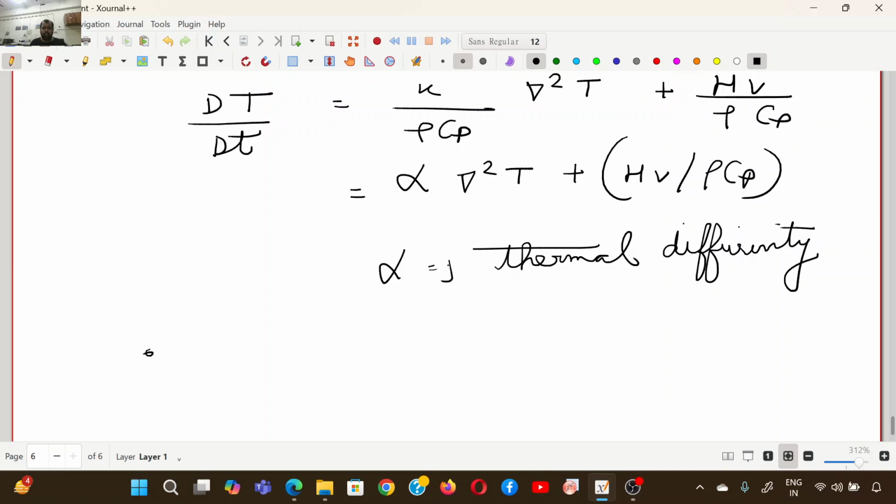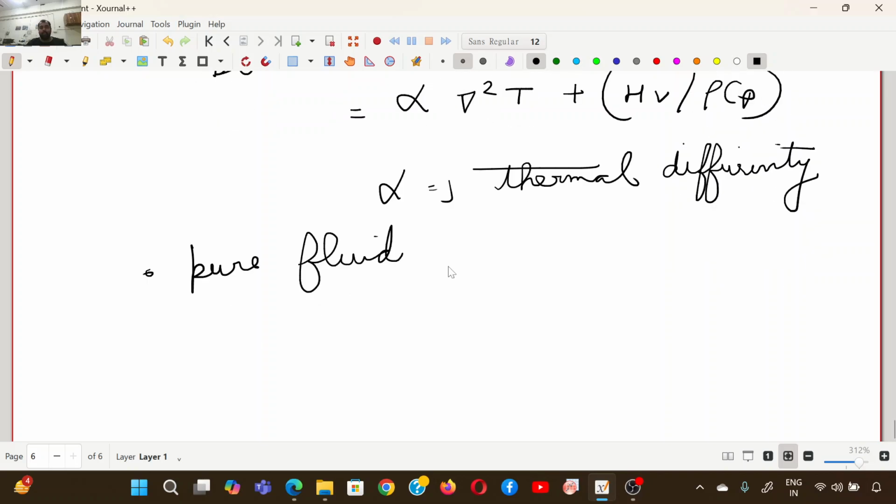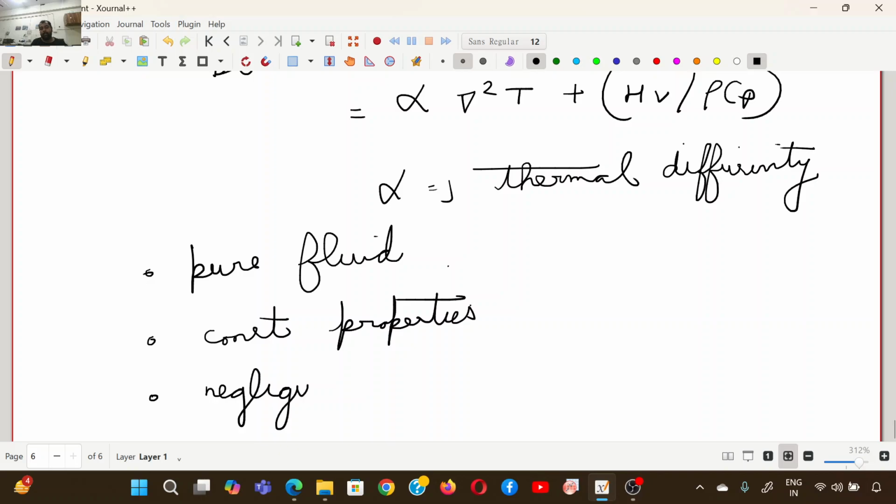So the underlying assumptions in this equation are that it's a pure fluid. It has uniform properties, constant properties like density, Cp, etc. And there is negligible viscous dissipation.